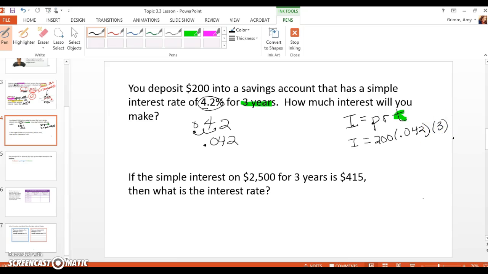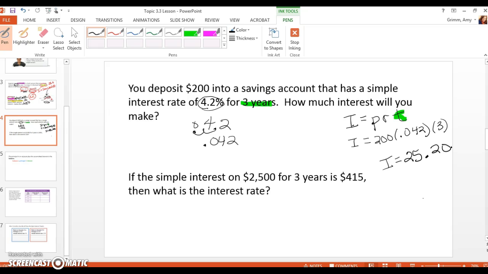Okay, all right, so with that, now I'm just going to get out my handy-dandy calculator, and I'm going to multiply those 3 numbers together. And sorry, I don't have that on my screen to show you, but just go ahead and take 200 times 0.042 times 3, and I get an interest of $25.20.